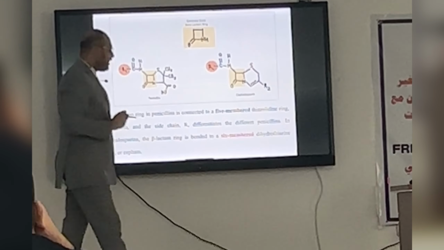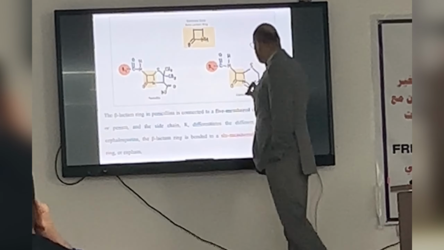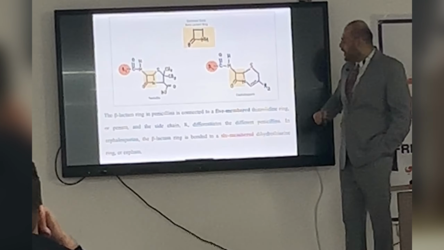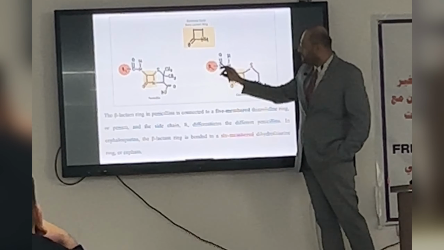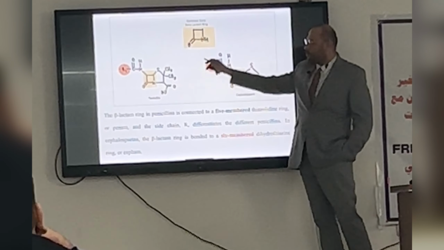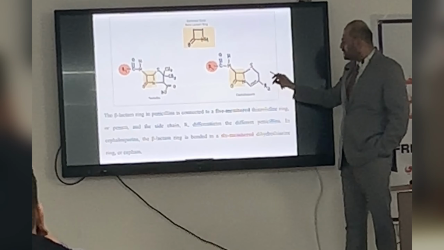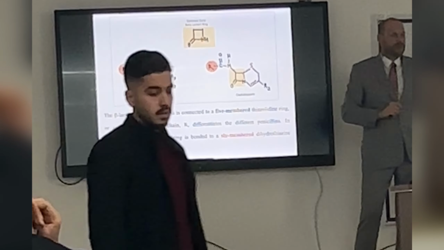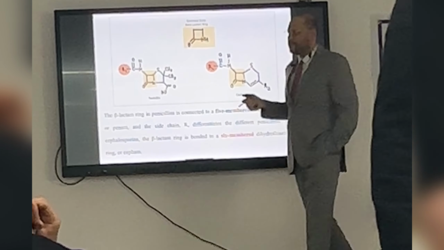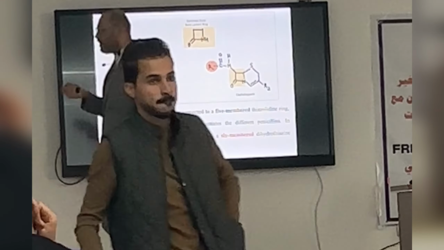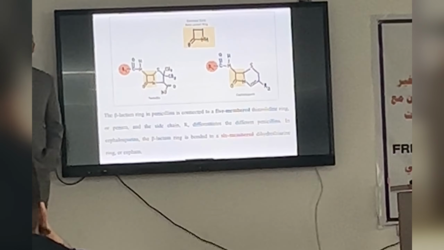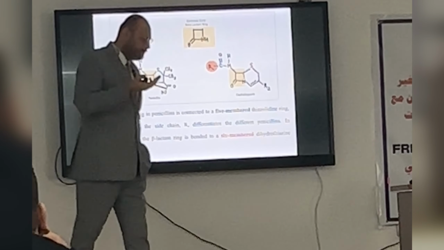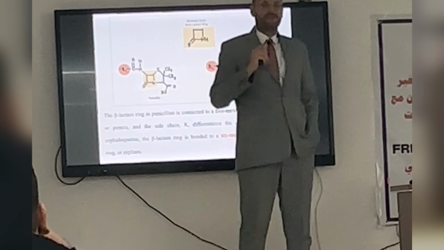But in case of cephalosporin, this beta-lactam ring is connected to a 6-member ring, and we have 2 points on the ring. This point is R1, another point is R2. But here we have just R1. Okay? So in case of cephalosporin, we have different R1 and different R2. As well, inside our lecture, we discussed many structures of many generations of cephalosporin.